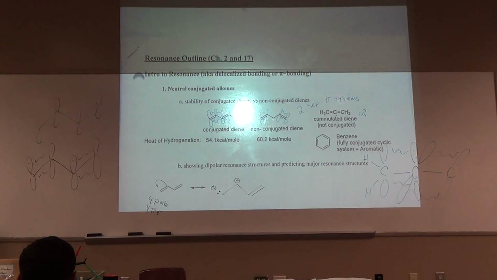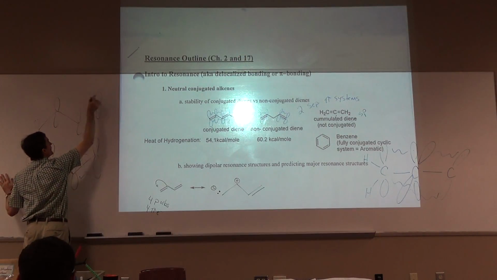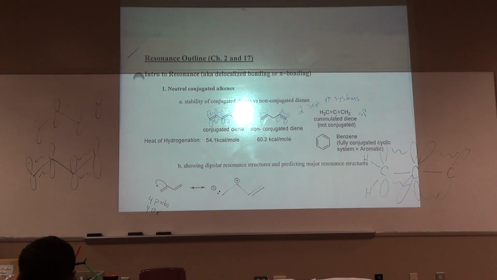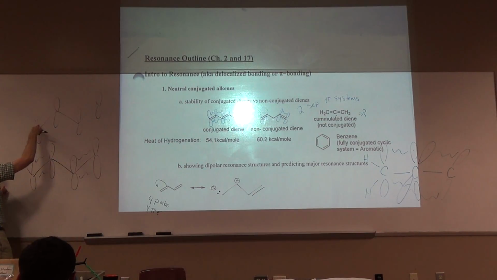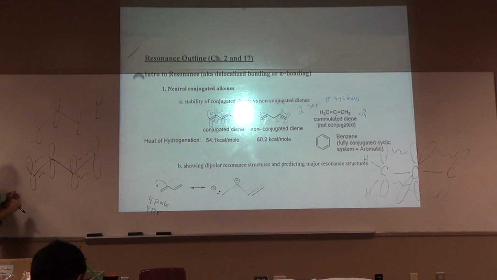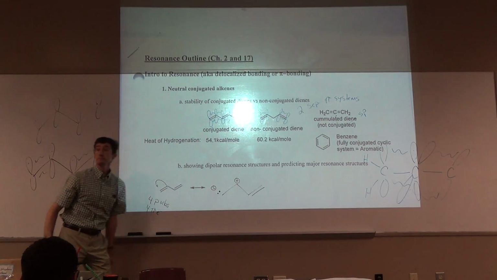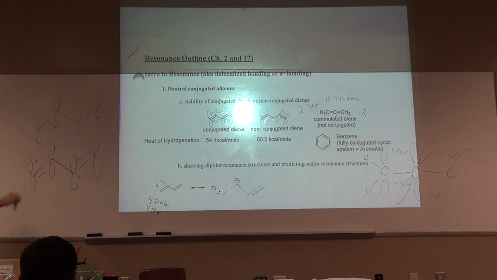But I could also put them in maybe, what if I put 2 here, none there, 1 there, 1 there? Now the pi system has 4 pi electrons. Well, what would that look like if we made that a pi bond, made that a lone pair, made that an empty orbital? It would look like this one. These are just where the pi electrons are sitting in different places.